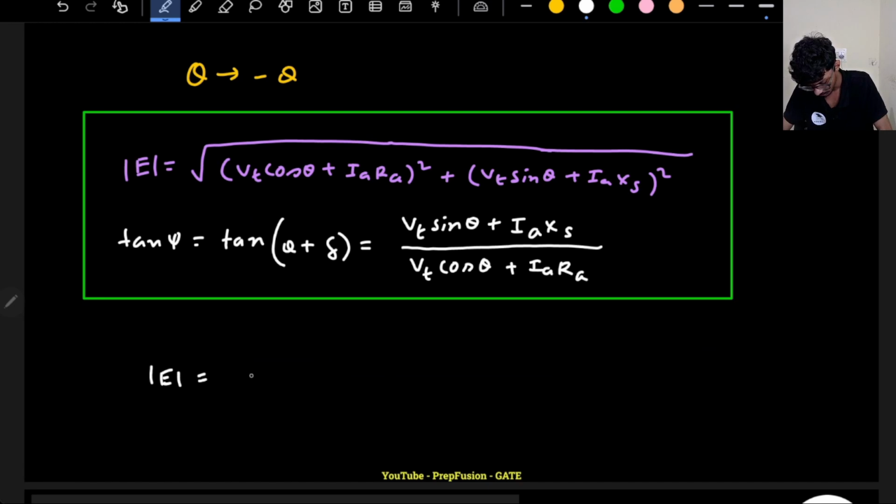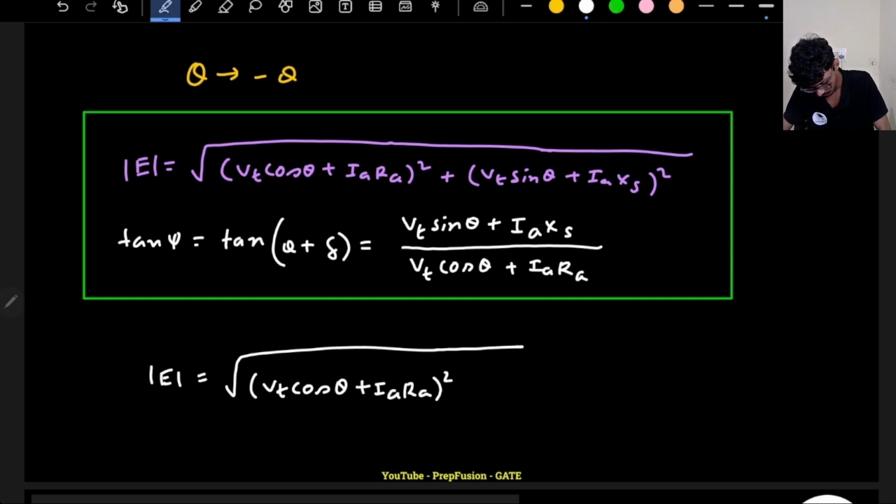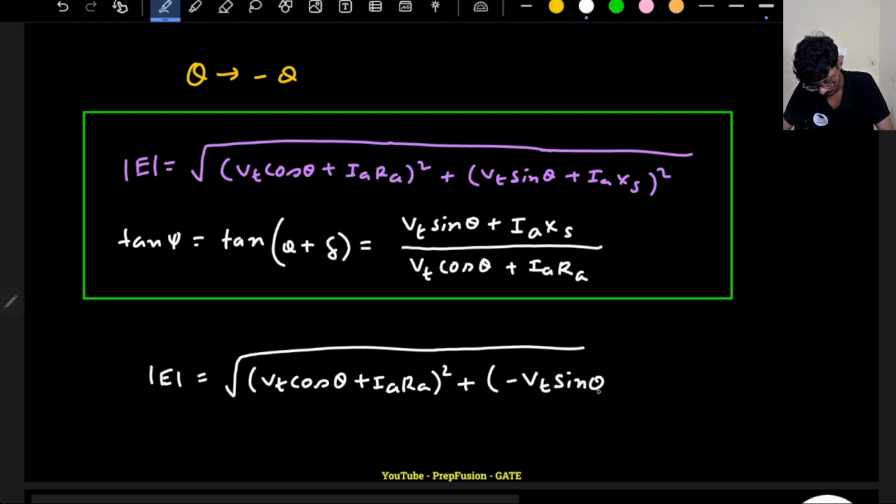This will be the magnitude of A. This will be Vt cos of minus theta, which is cos theta only, plus Ia Ra whole square. This will be minus of Vt sin theta plus Ia Xs whole square.